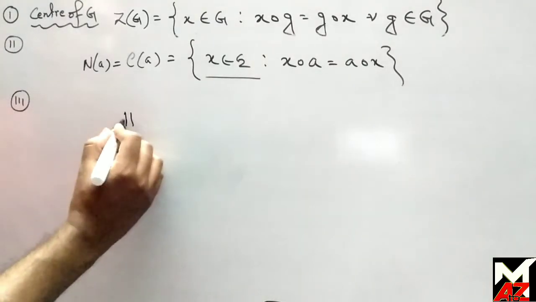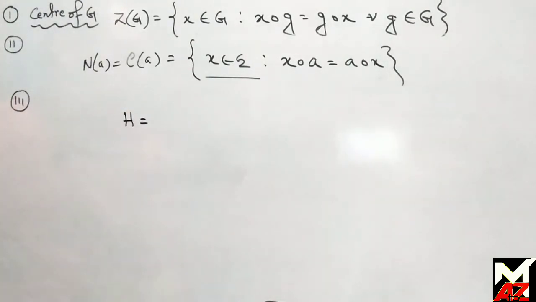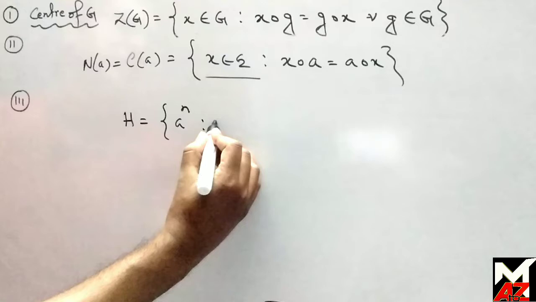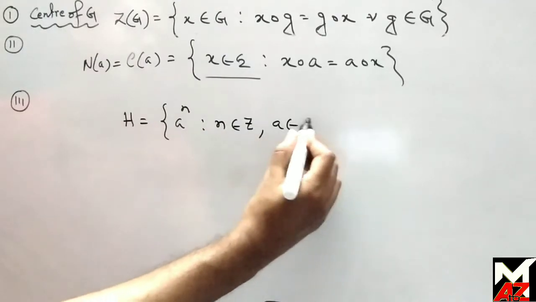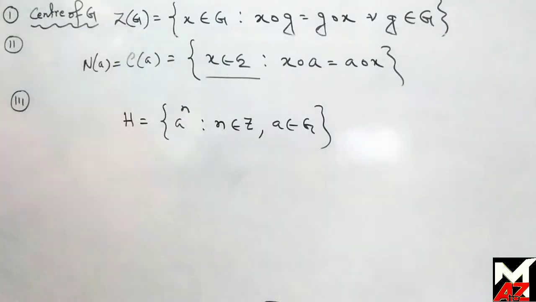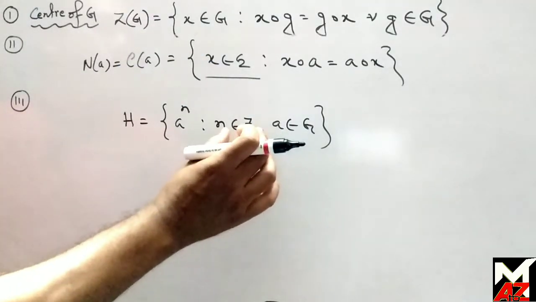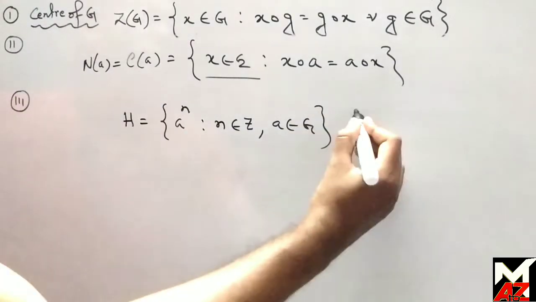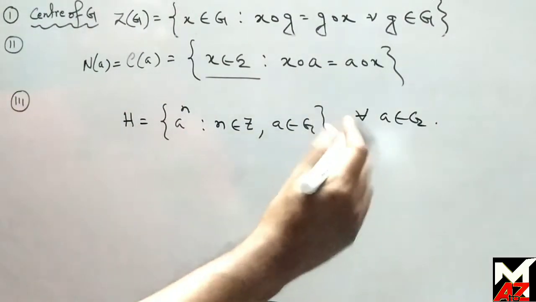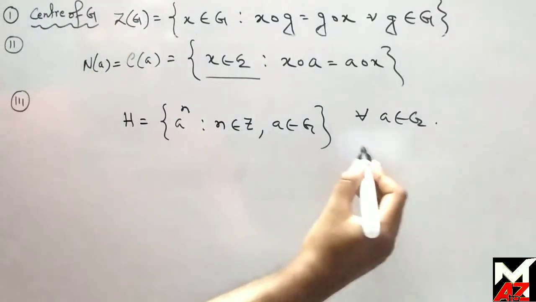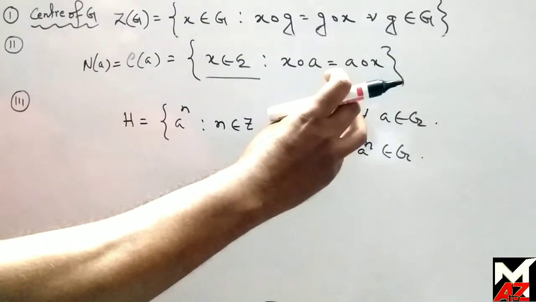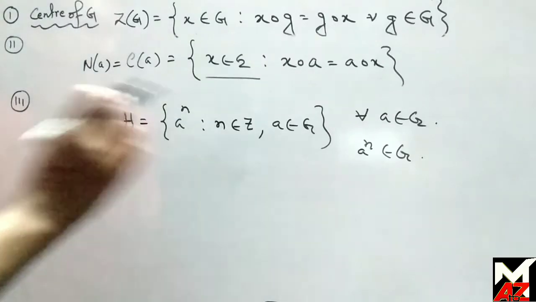Here the subset is H equal to A to the power n such that n belongs to Z and A belongs to G. We take any element of G and we form a subset A to the power n, n belongs to Z, because we know that for all A belongs to G, any integral power of A, that is A to the power n, must belong to G, and we take this type of element in this subset.